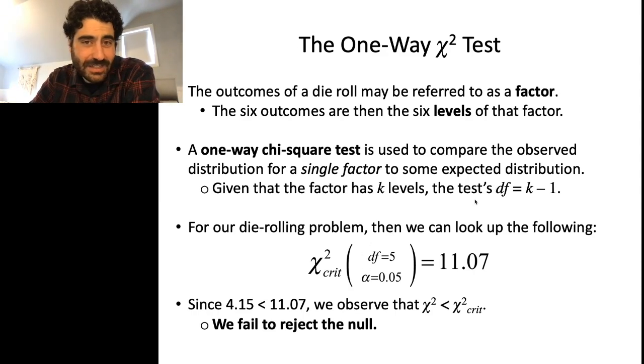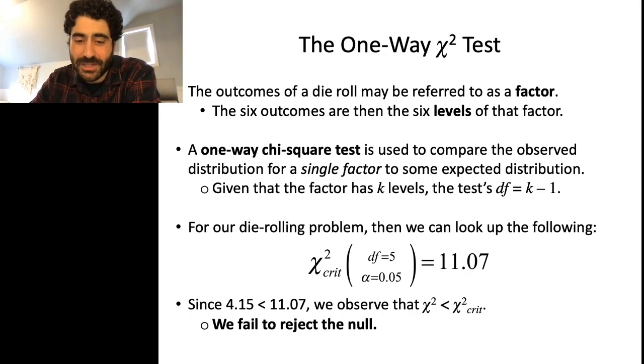This is pretty confusing because this formula looks very similar to the t-test one, but it's actually quite different. The t-test one is the number of subjects minus one. Here, this is the number of outcomes minus one. So the actual sample size is not super relevant here.